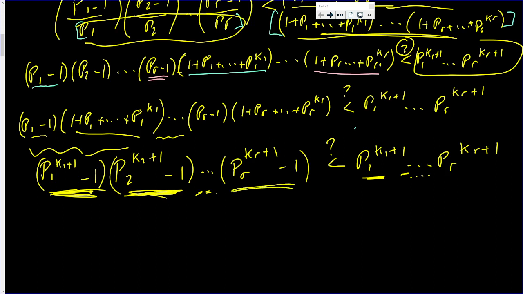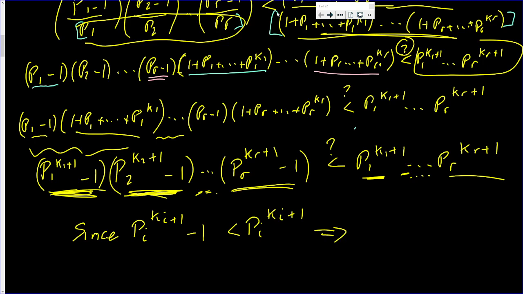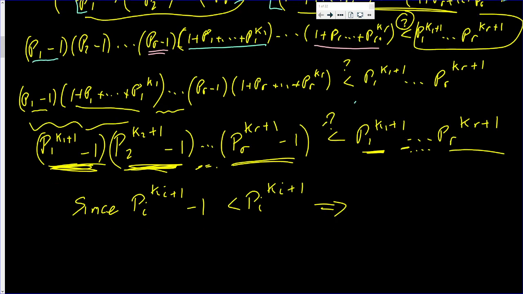This last one is less. So we can write this up. Since in general, p sub I to the k sub I plus 1 minus 1 is less than p sub I to the k sub I plus 1, this implies that this inequality is valid.